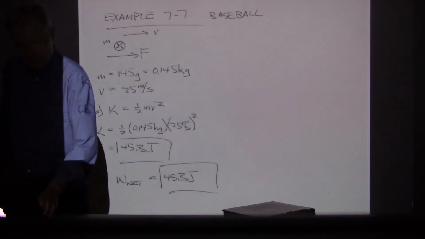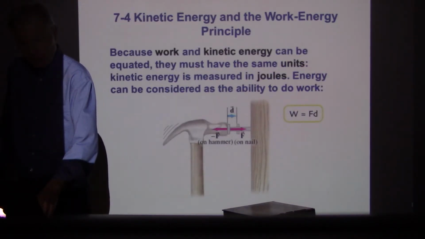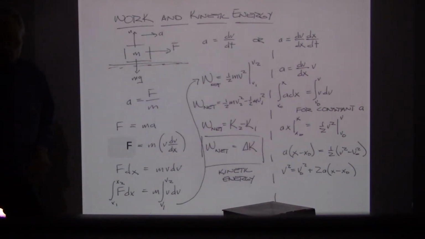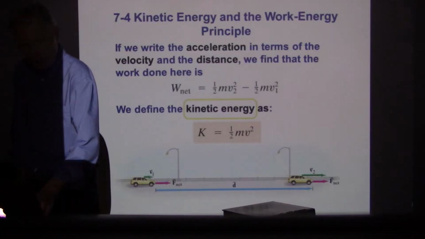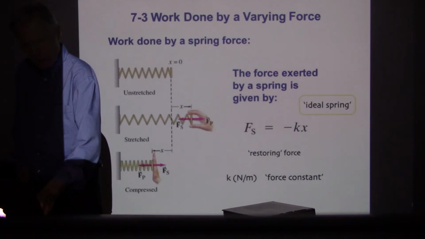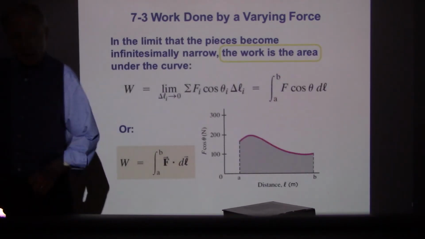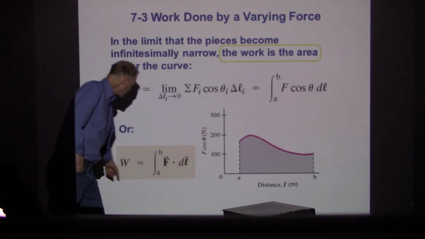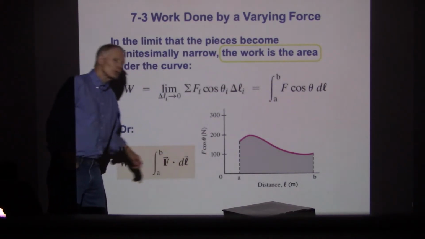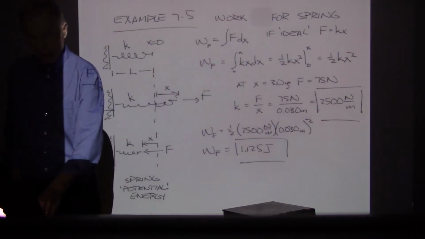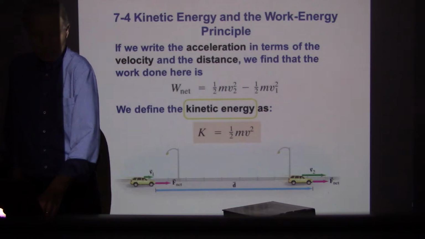The way that that's being calculated, see if we got the formula here, maybe not. I guess it's here. Let me go back and see. Boy, it is way back. So if I go all the way back to here, that could be applied to the baseball pitcher pitching that baseball, and the force maybe wasn't constant.